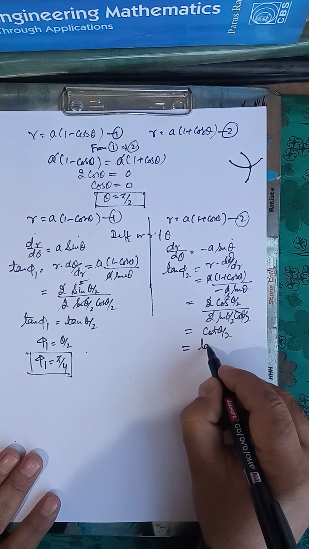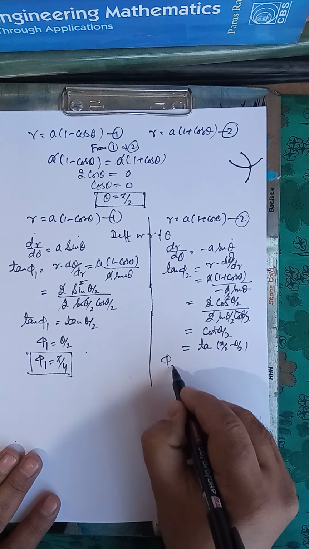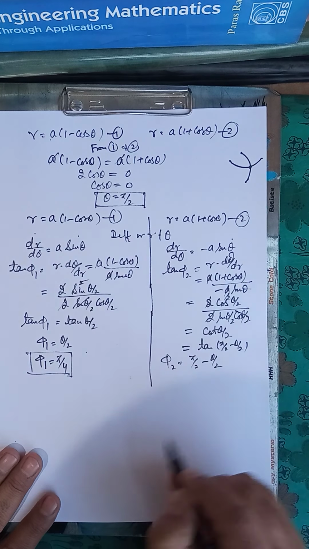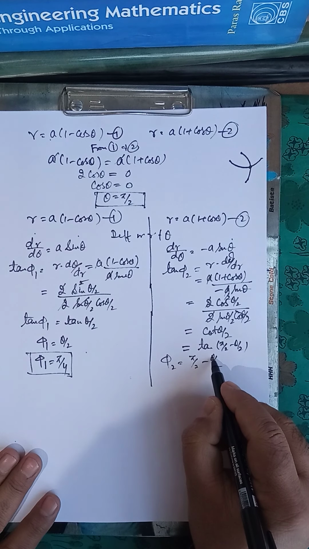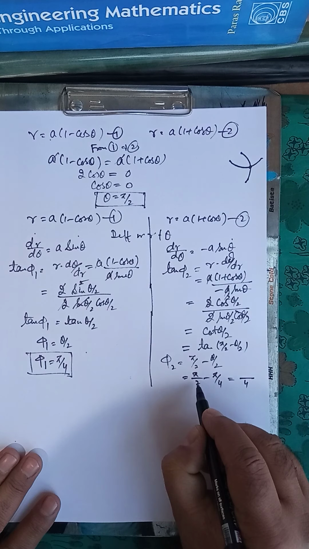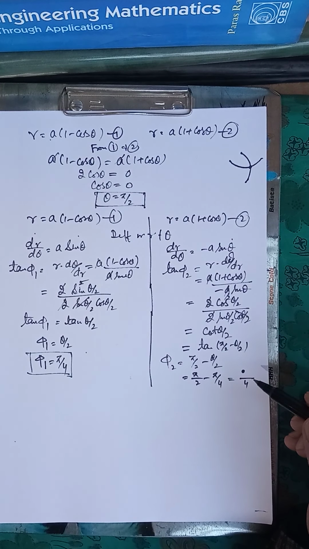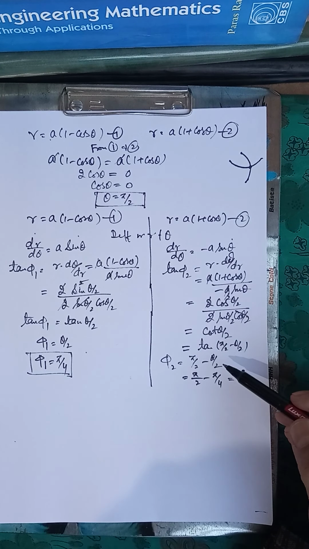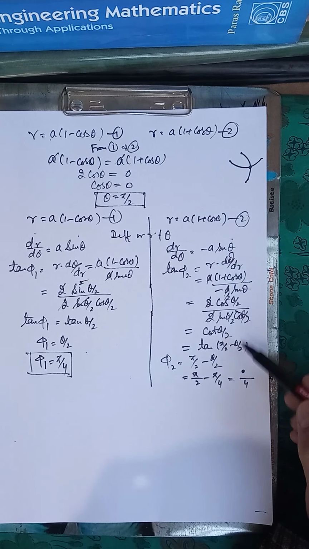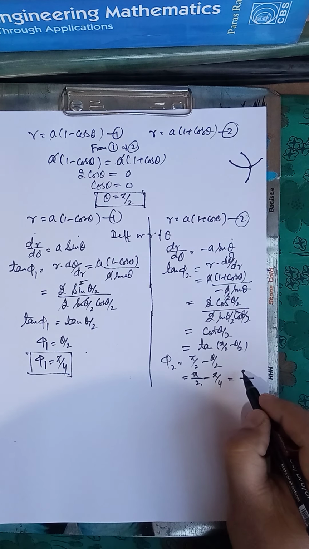It is tangent of 90 minus theta by 2. So our phi 2 is pi by 2 minus theta by 2. But theta is pi by 2, so it is pi by 2 minus pi by 4, which is pi by 4.